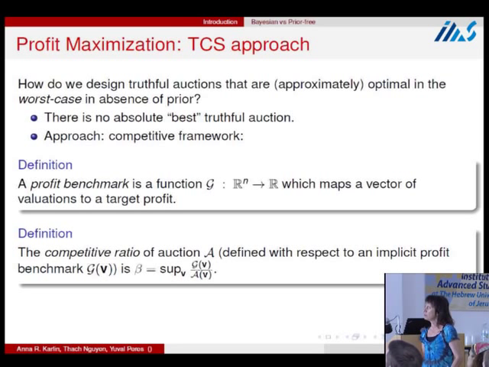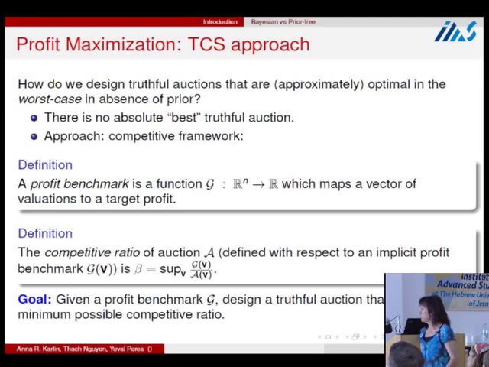Okay? And this is sort of saying, what should we shoot for on each possible input? And then we try to design an auction that is always close to this profit benchmark for all possible inputs. So the worst case ratio is going to be called the competitive ratio of the auction. And we'd like to basically get very close to whatever our profit benchmark is.